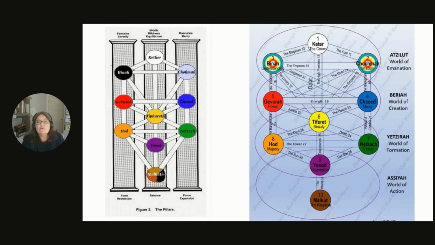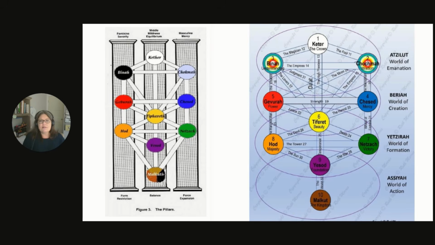And then you see Berea, which is the world of creation. That circles 4 Sephirot. And then you see Yetzirah, circles 4 of the Sephirot. And then the bottom one just has 2, Asiya. They're called the 4 worlds. And those 4 worlds are using different components of human life force to do alchemy.